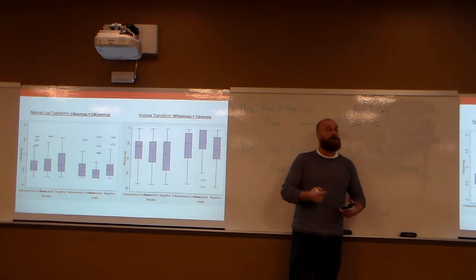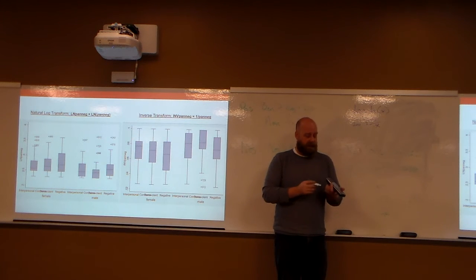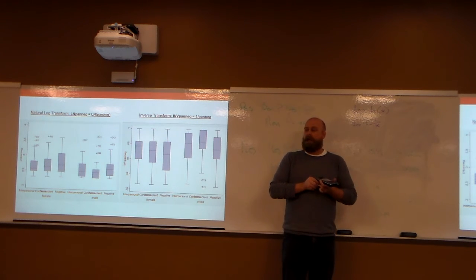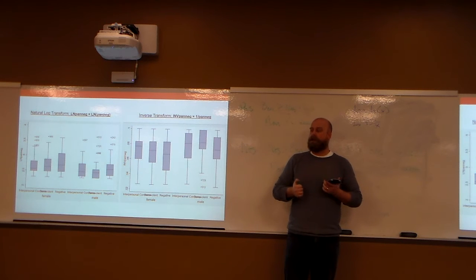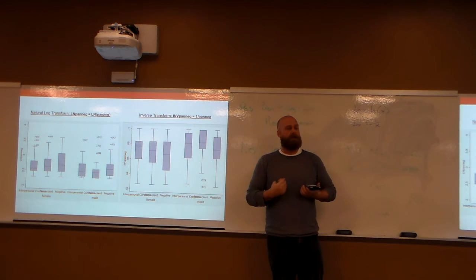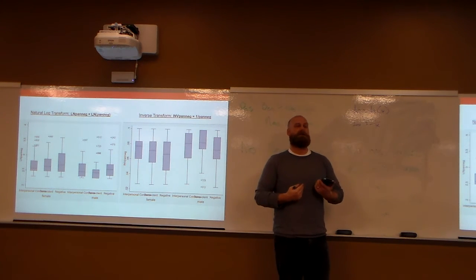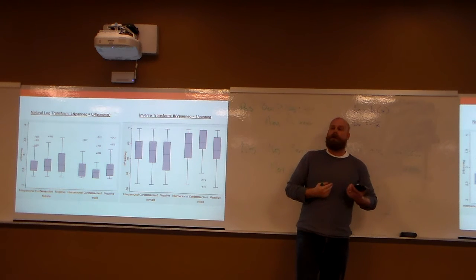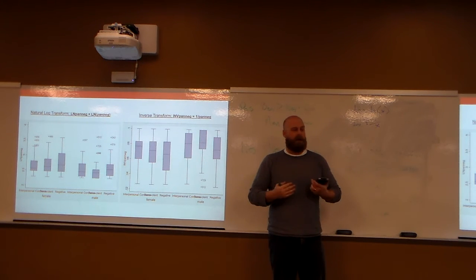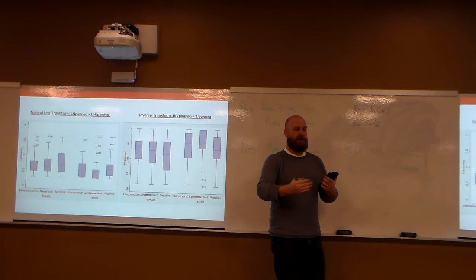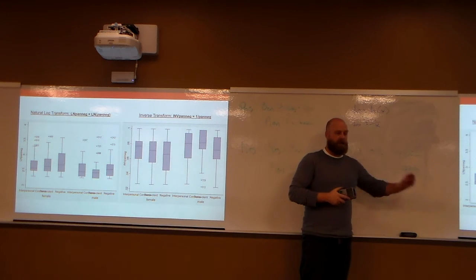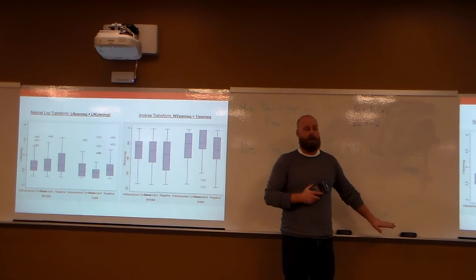I can still calculate a standardized effect size and say, it looks like this is associated with a large effect, medium effect, like 0.8 of a standard deviation increase from this group to that group. But if I want to take a look at the actual raw scores, okay?